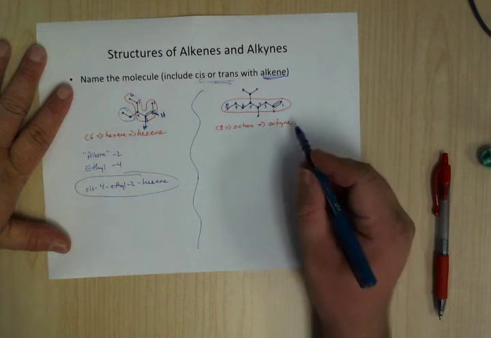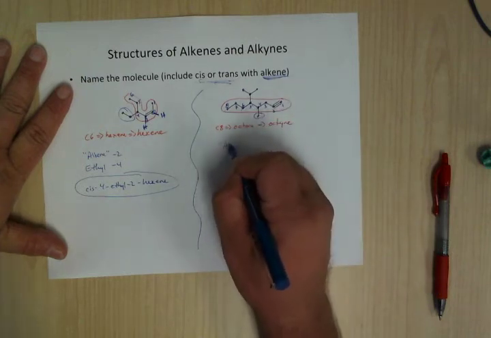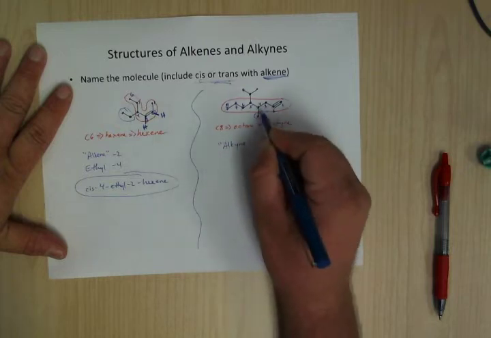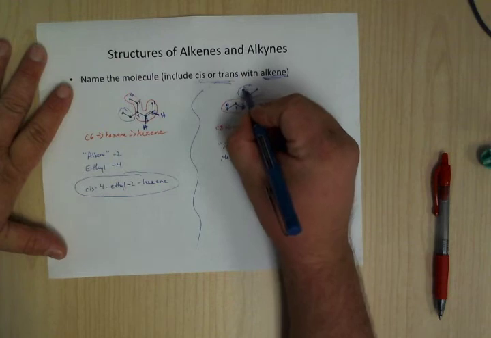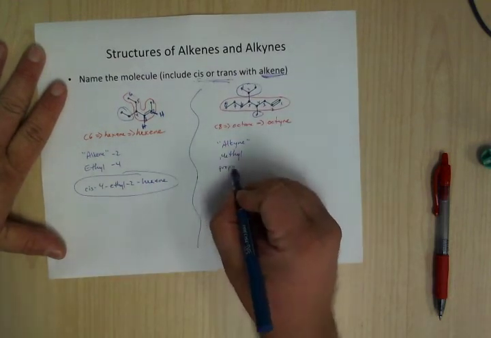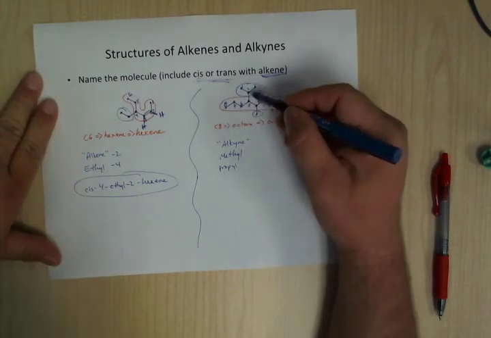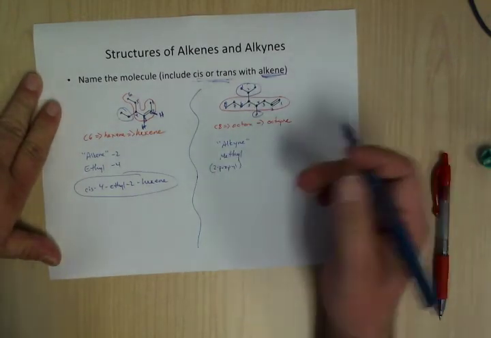So we're going to have to say where that alkyne starts. We have this methyl group. We have a propyl group, because there are 3 carbons. But since it's connected to the main chain through carbon 2, it's a 2-propyl group, or an isopropyl, either way.